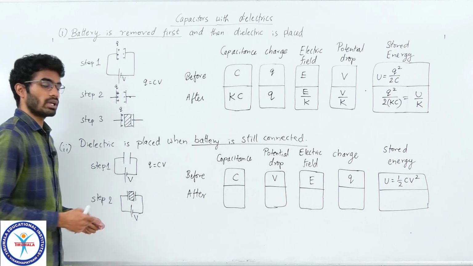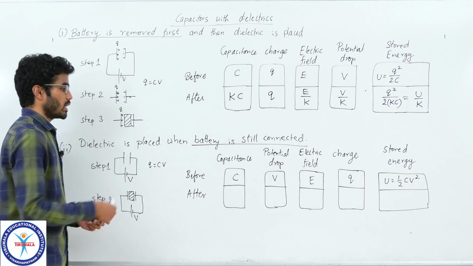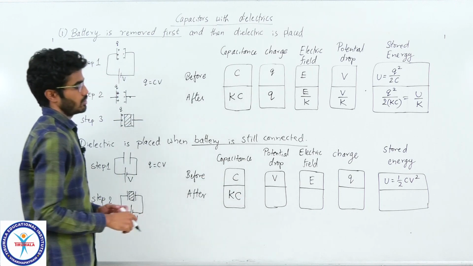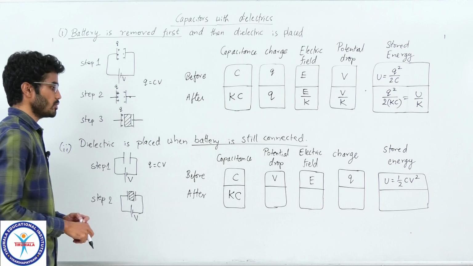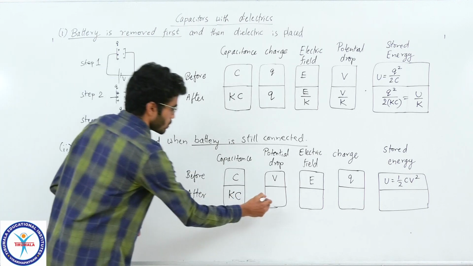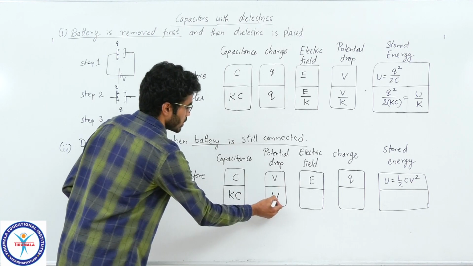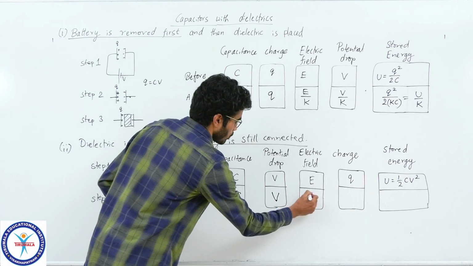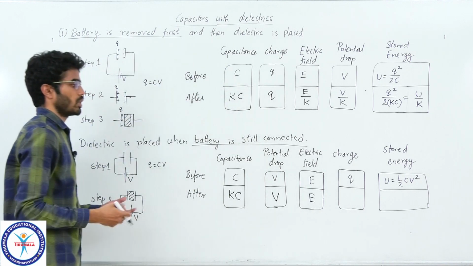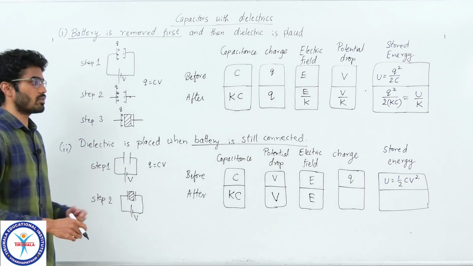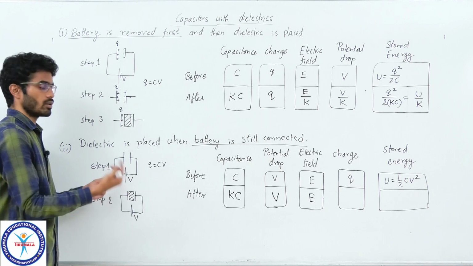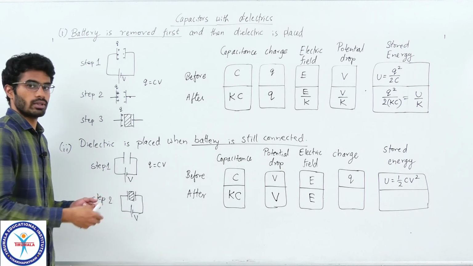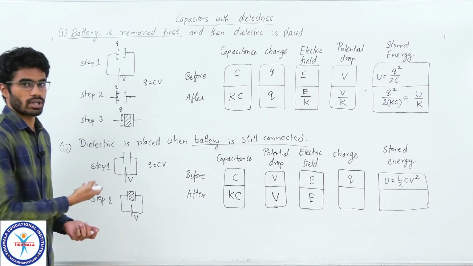So the potential drop here does not change. But the capacitance is always improving by K times, so you can write it as KC. The potential drop does not change because the battery is connected, and the electric field also remains the same. If the potential drop remains the same, E is given by V by d, and the distance is the same, so the field is equal to the original value.